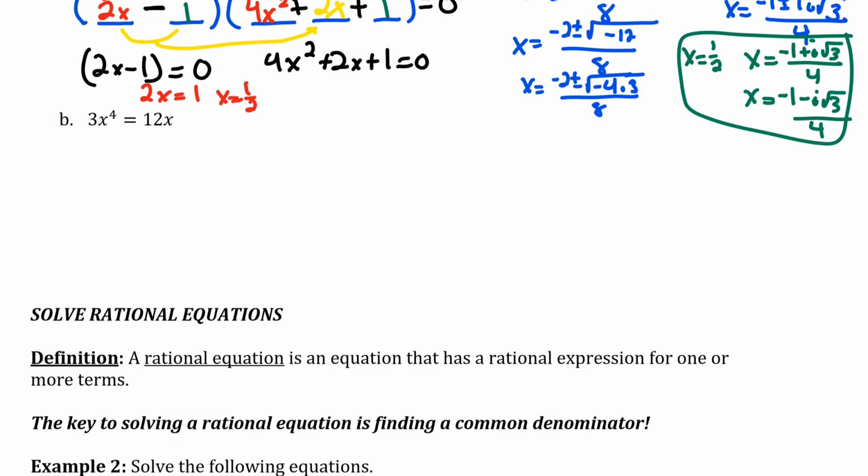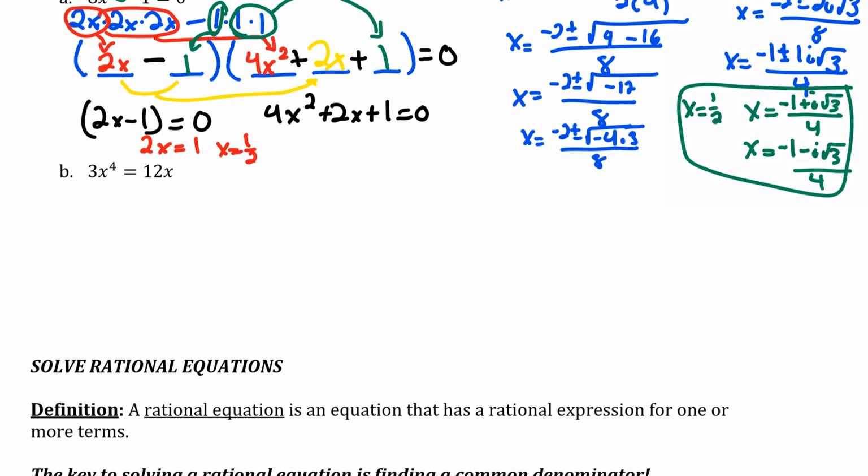Let's look at one that might be a little bit more straightforward. We have 3x to the 4th is equal to 12x. Remember, most of these, whenever I start them out, I'm going to move everything to one side. So I'm going to get 3x to the 4th minus 12x is equal to 0. I can factor this some.